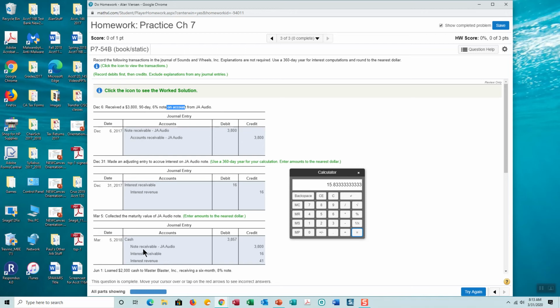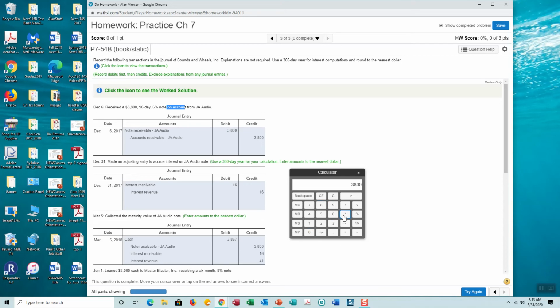Now, on March 5th, we're going to pay off this note. When we pay off the note, we collect cash for the principal, which is the note receivable, the interest receivable we established on December 31st, and then the interest revenue we earned from January 1st to March 5th. Those first two we're already given. The only one we have to calculate is the interest.